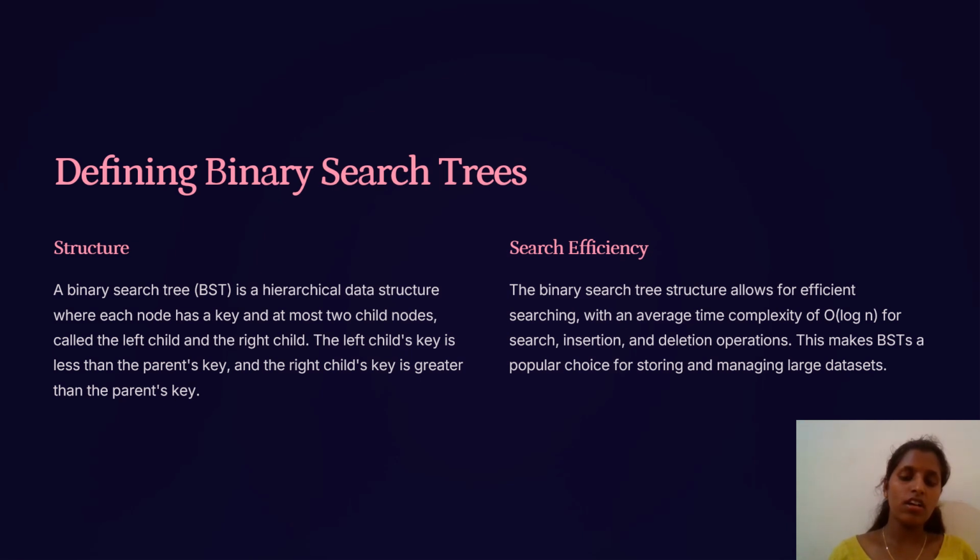Searching efficiency. The binary search tree structure allows for efficient searching with an average time complexity of O(log n) for search, insertion, and deletion operations. This makes binary search trees a popular choice for sorting and managing large data sets.